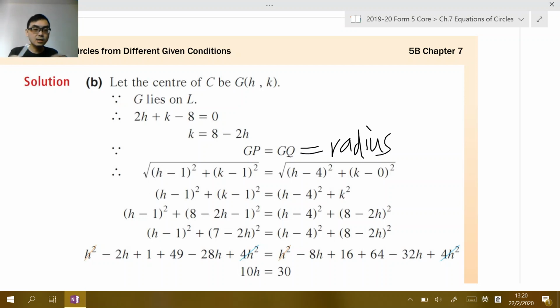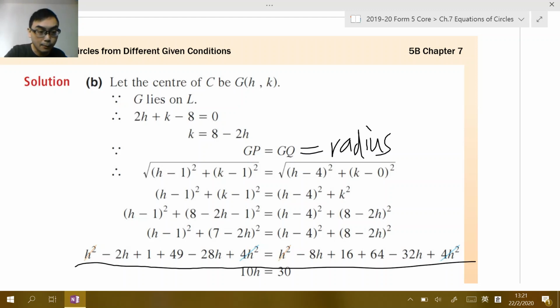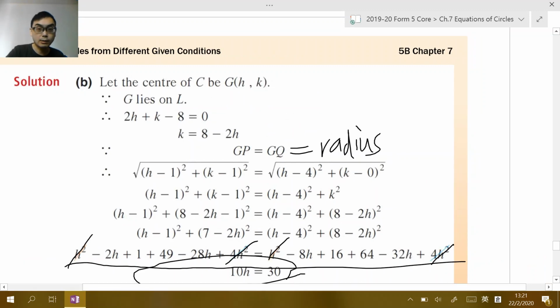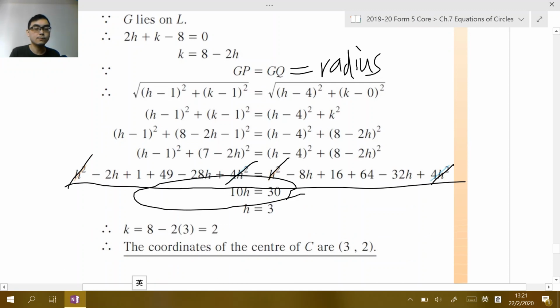But you can see at this time, because when we want to find the radius, we have to use the distance formula, so you should involve squares or square roots. But don't worry, after you simplify by taking squares and expanding all the terms, even if it is long here, many terms can be cancelled. For example, x square can cancel, this one can be cancelled. Then you will have a very simple step, you can see that you have 10h equals 30, so you can get h.